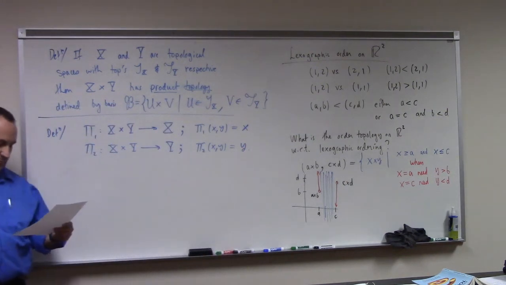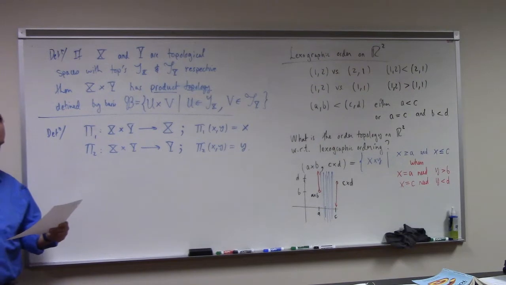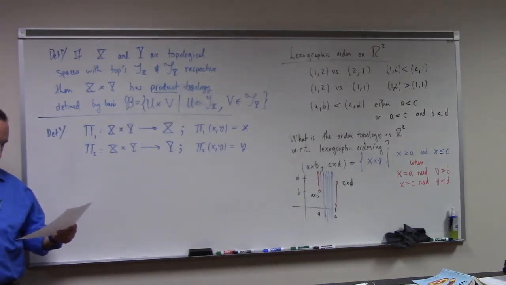Now, I claim that these are continuous functions. Here he's got something about the intersection of inverse images under these projection maps giving an open rectangle.